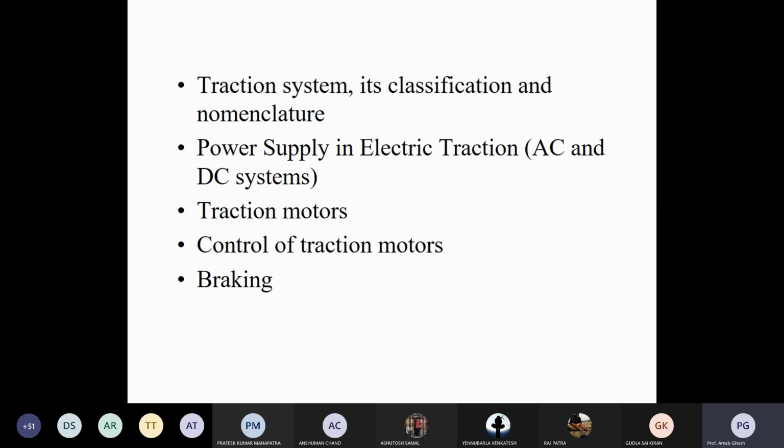The distance between two stations is normally 5 kilometers, sometimes a maximum of 10 kilometers. So all the time the train needs to pick up and reach the base speed, then suddenly brake. In that case dynamic braking is most important, so they go for dynamic braking.